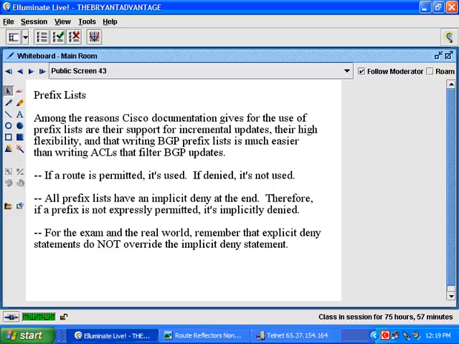Now, prefix lists work from top to bottom, just like access control lists. And when a match is found, the list stops running. And of course, as we've just mentioned, we have the implicit deny at the end. For the exam and for the real world, keep in mind that explicit deny statements do not override the implicit deny statement.